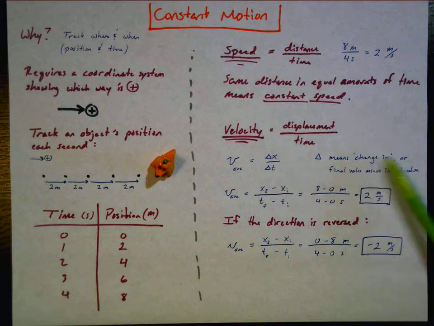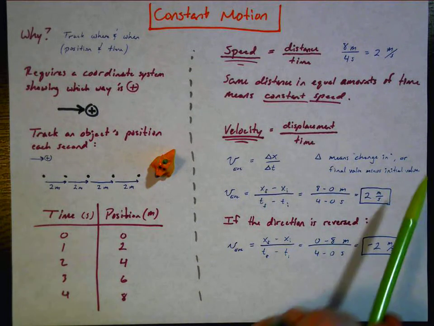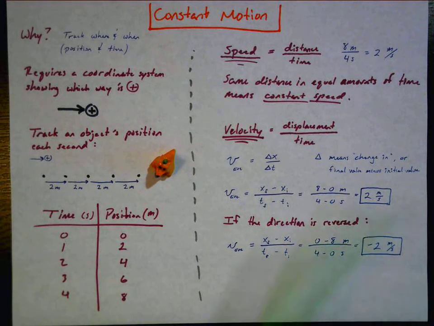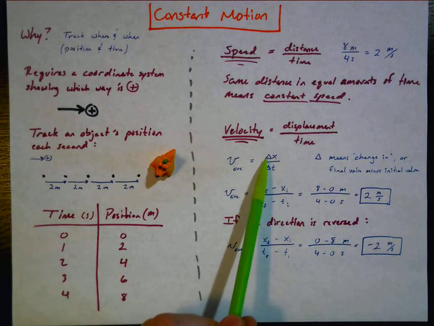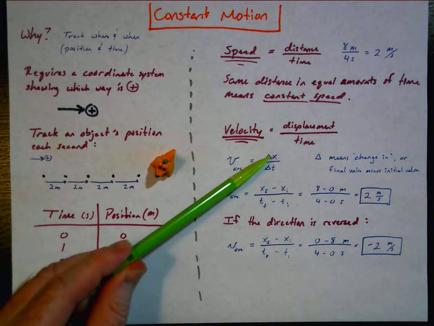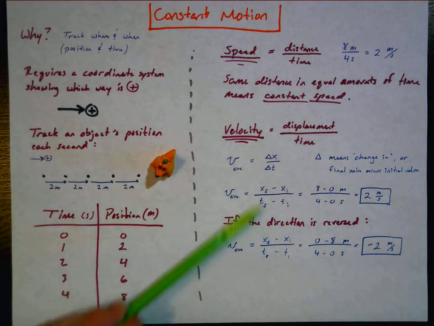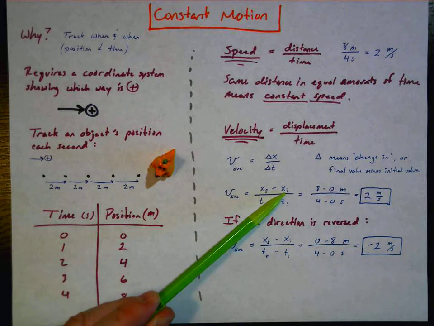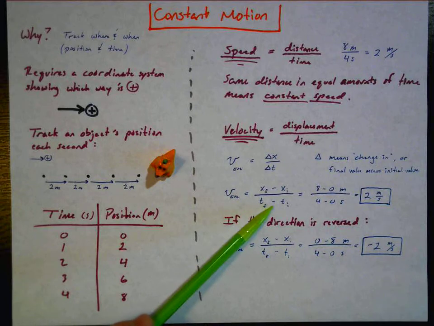It just means change in. To figure that out, we could also say final value minus initial value. Here's what that would look like. Average velocity is displacement divided by time, so change in position divided by change in time. To figure out the change, final position minus initial position divided by final time minus initial time.